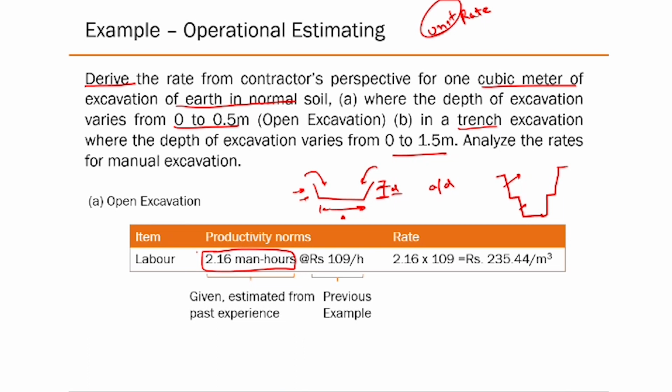On an average, they will be able to tell you that per cubic meter you need 2.16 man hours, and that 1 man hour cost you have already estimated at 109 rupees in the previous example. So your total cost comes out to be 235 rupees per cubic meter. Right? Got an idea?